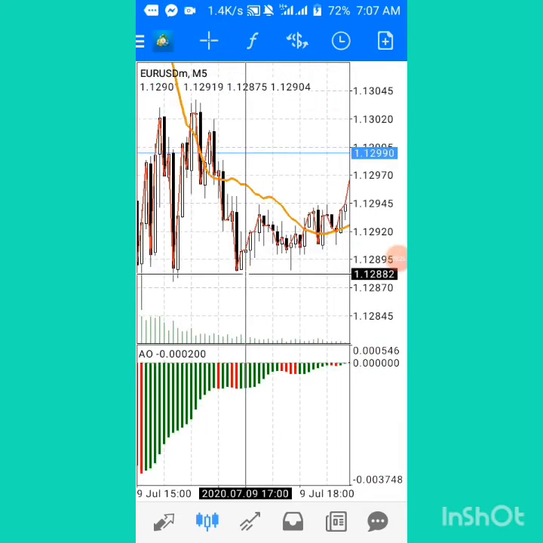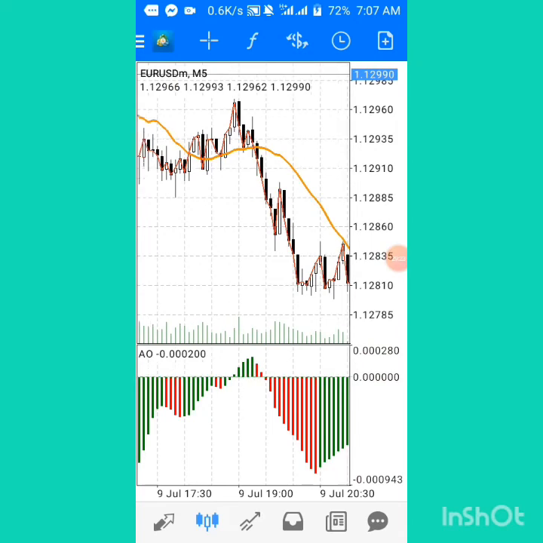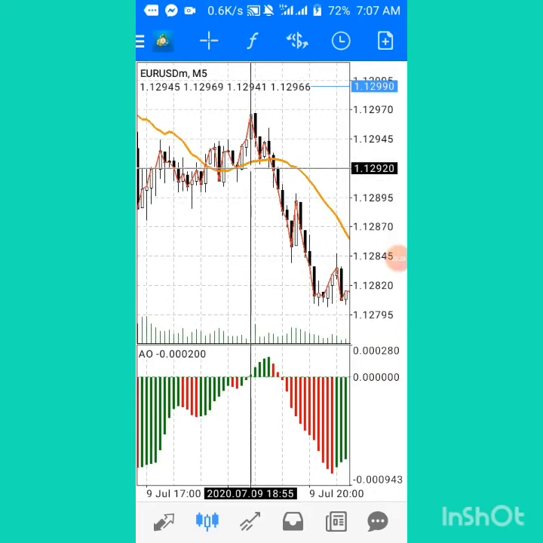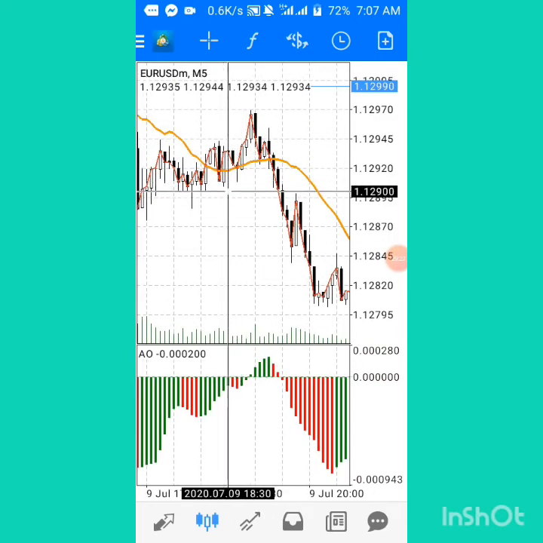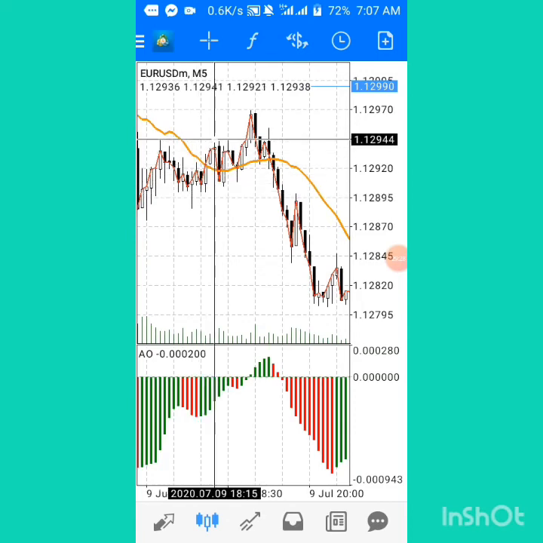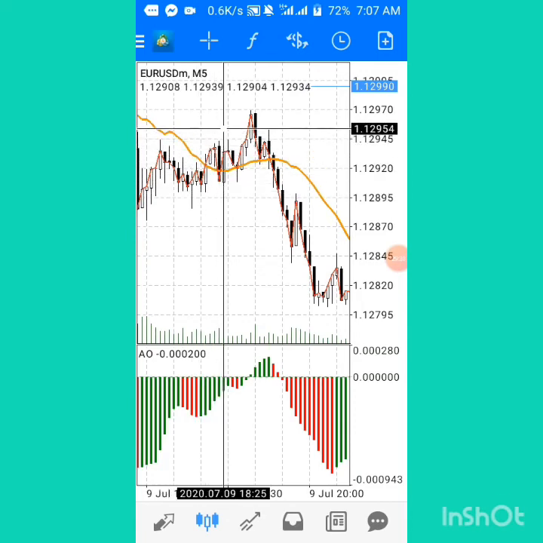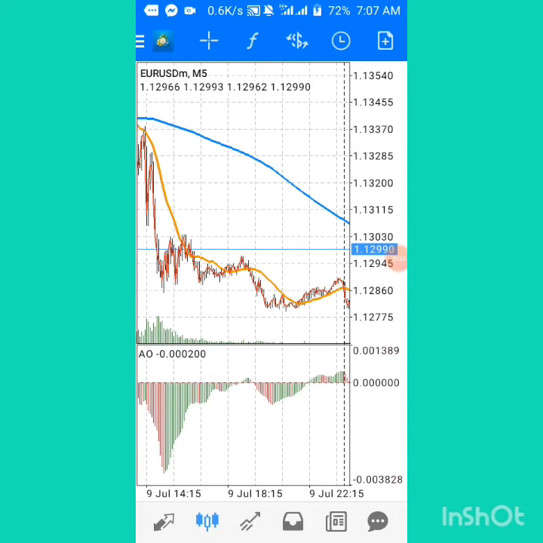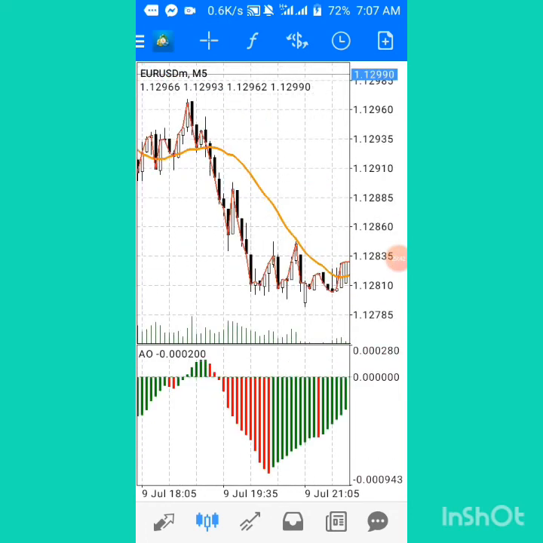When the red line enters or crosses above the orange line, while the orange line is below the blue moving average, you wait till it crosses down again, like it's crossing down again here. Then you enter your sell trade. You know you are in a bearish trend.